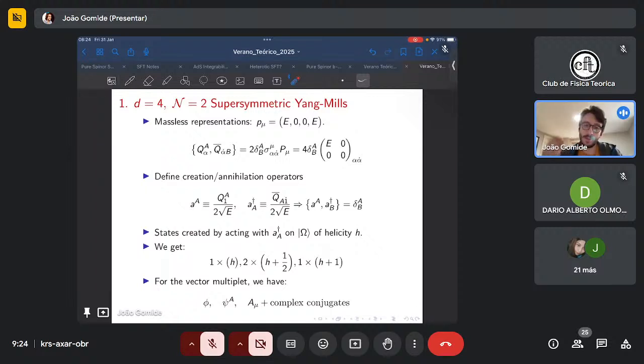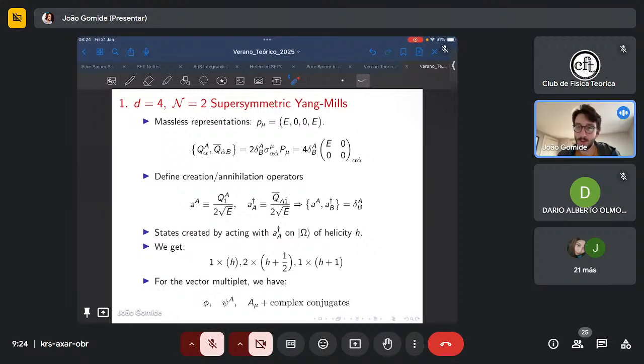But this will be important if you want to add matter to the theory, because if you have a hypermultiplet with scalars and spinors, this is kind of the matter of your theory. But here I'll discuss only pure supersymmetric Yang-Mills, and these are the guys who show up. So A is simply the thing you usually have in Yang-Mills.